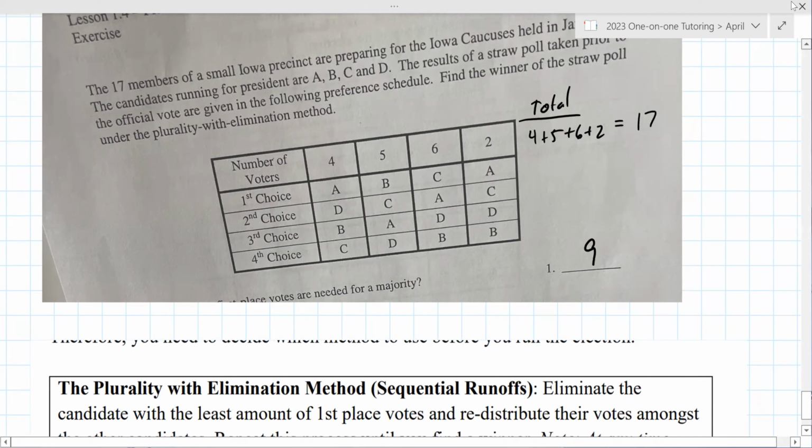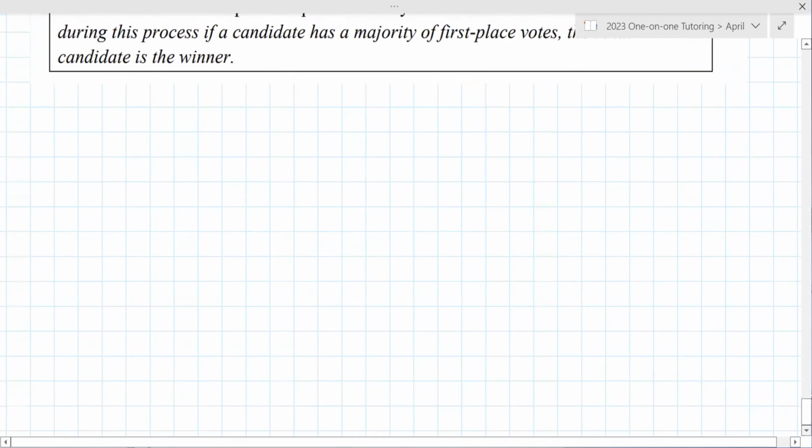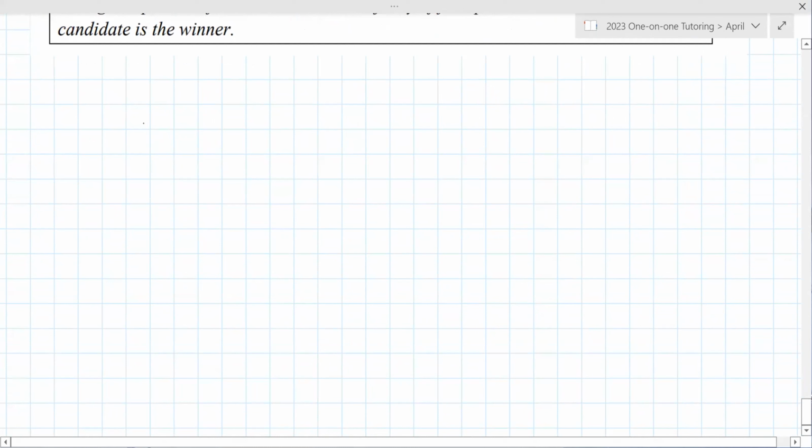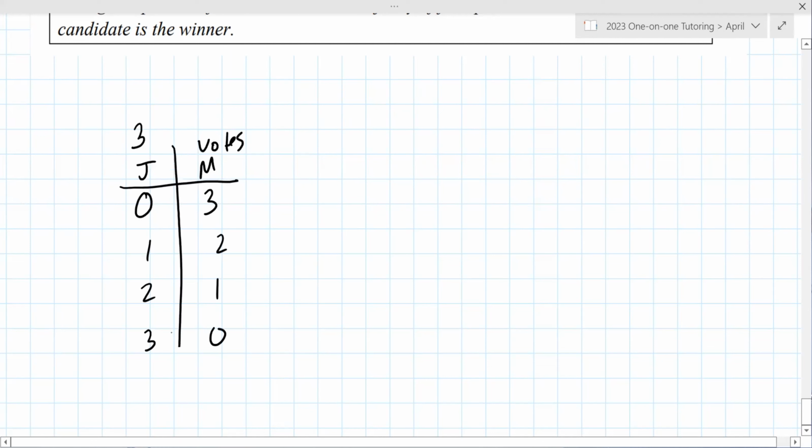Yeah, let's use a different numerical example. Let's say there were 3 votes. Here are the possible outcomes: 0 to 3, 1 to 2, 2 to 1, 3 to 0. Let's look at it from the perspective of Julia versus M. In which examples here do you have the majority of votes?